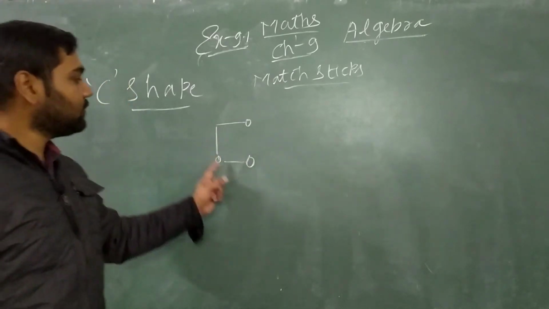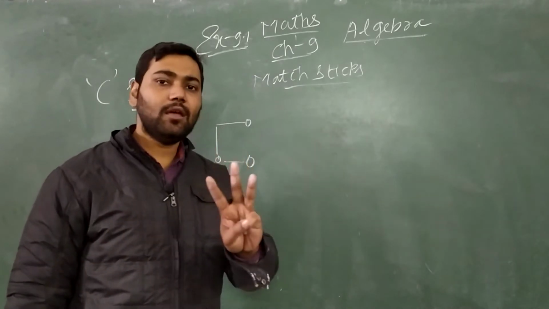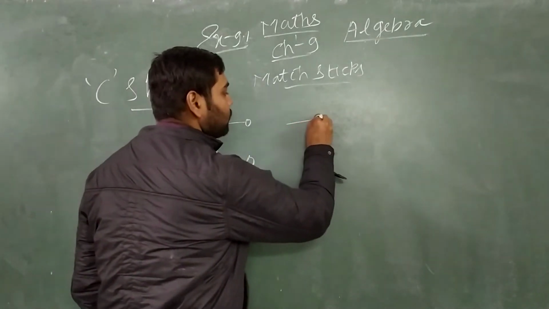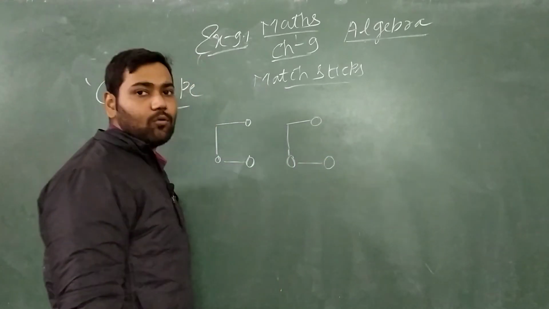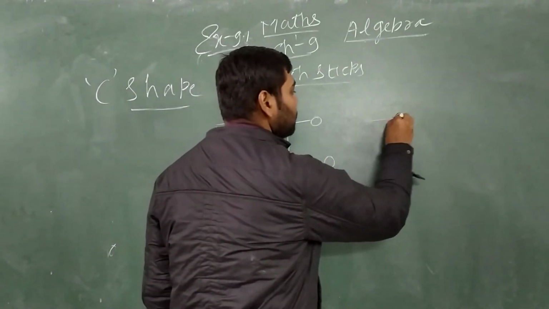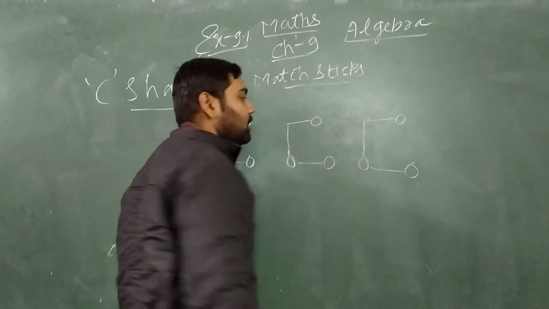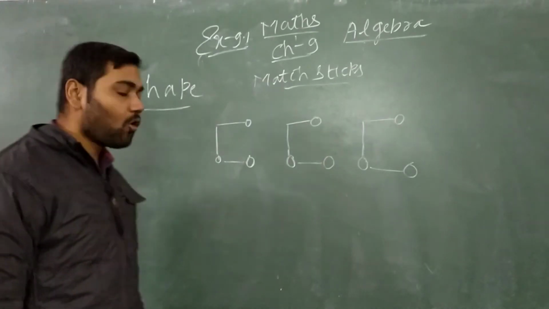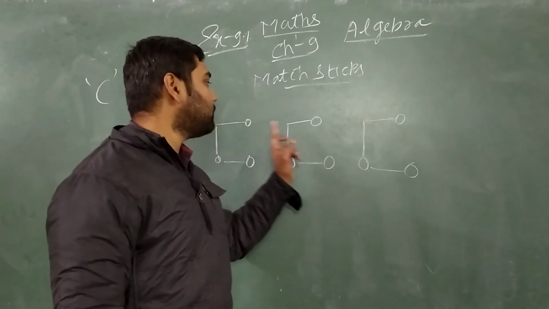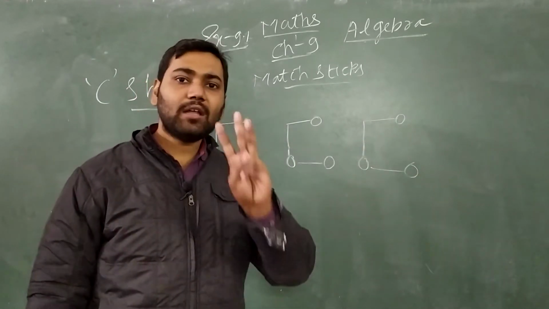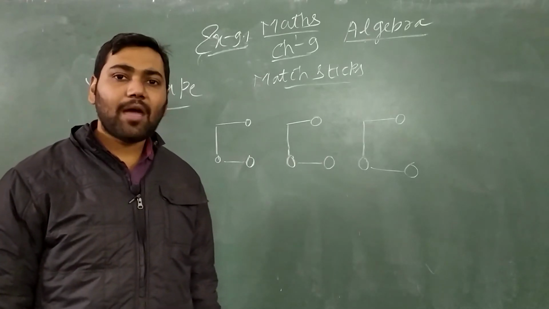So to make one C shape, we need 3 matchsticks. If we make 2 C shapes, then 3 more matchsticks are needed. Then if we make 3, then 3 more. So in total, 3 plus 3 is 6, plus 3 is 9. To make 3 C shapes, we need 9 matchsticks.